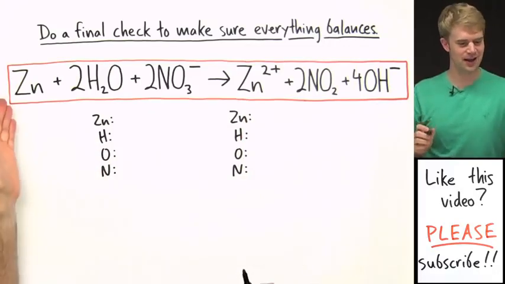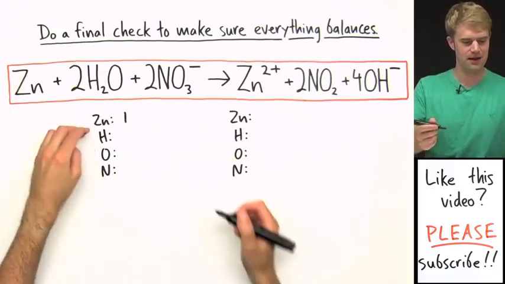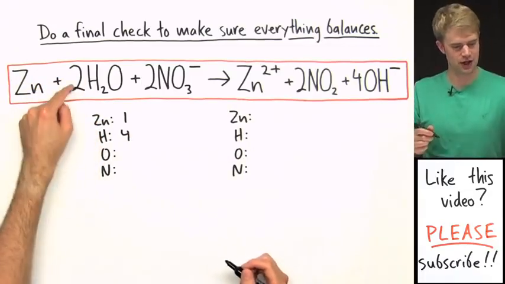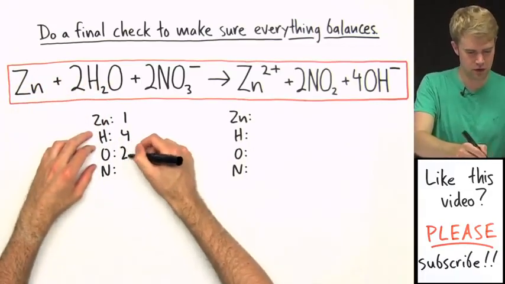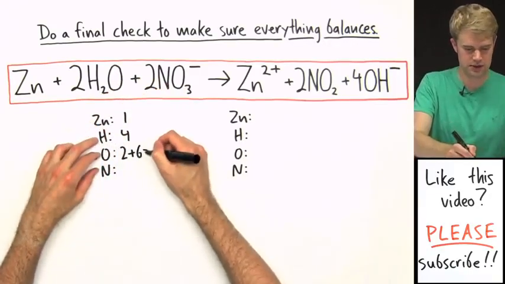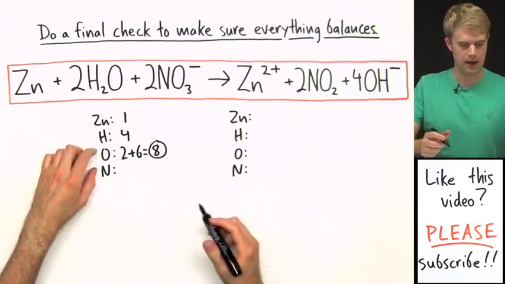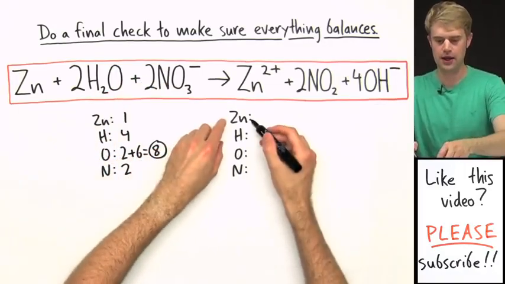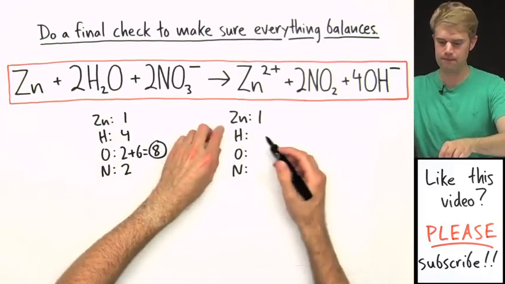Okay, Zn, we have one of them. Hydrogen, 2 times 2, 4. Oxygen, I have 2 here, 2 plus 2 times 3, which is 6, gives me 8. And then I have nitrogen, I have 2 of them. Okay, over on this side, zinc, I have 1.